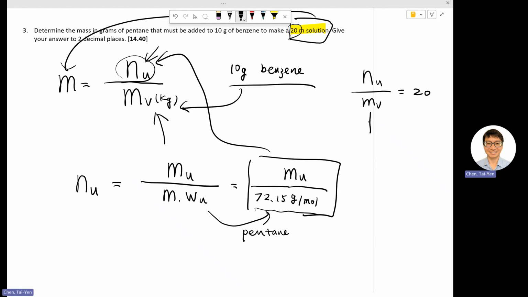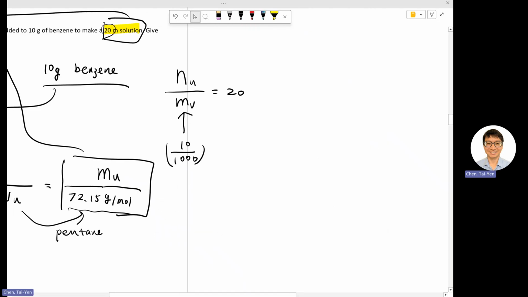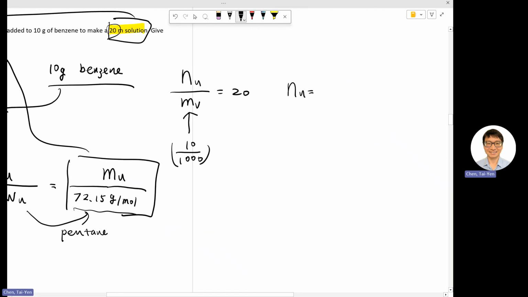And the mass of your solvent is 10 gram divided by 1,000, because you have a unit of kilogram. So with that being said, the number of moles of your solute is going to equal 20 times this. And you also know this is going to equal the mass of your solute divided by 72.15 gram per mole.